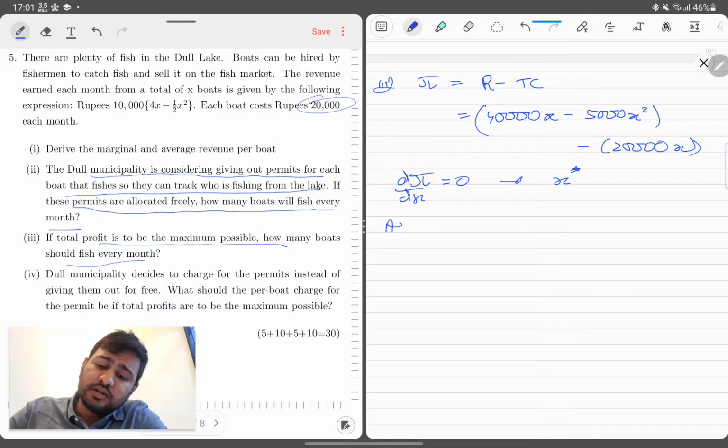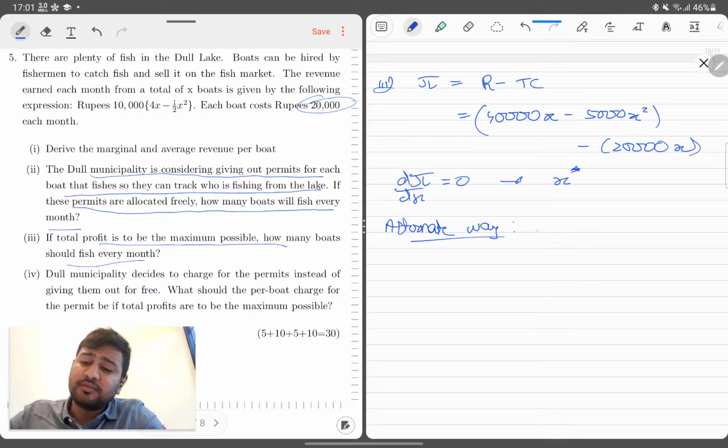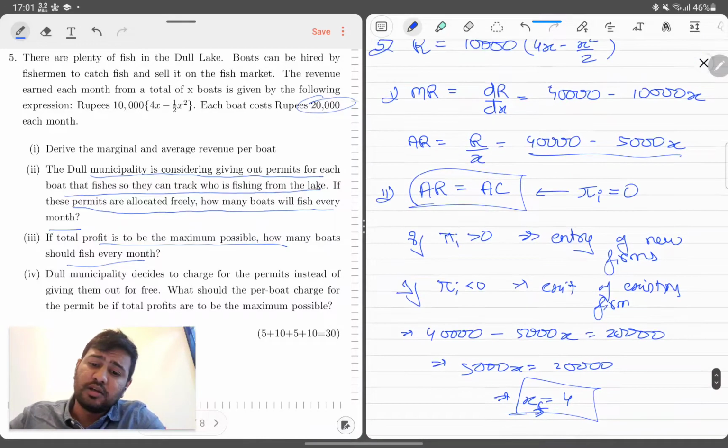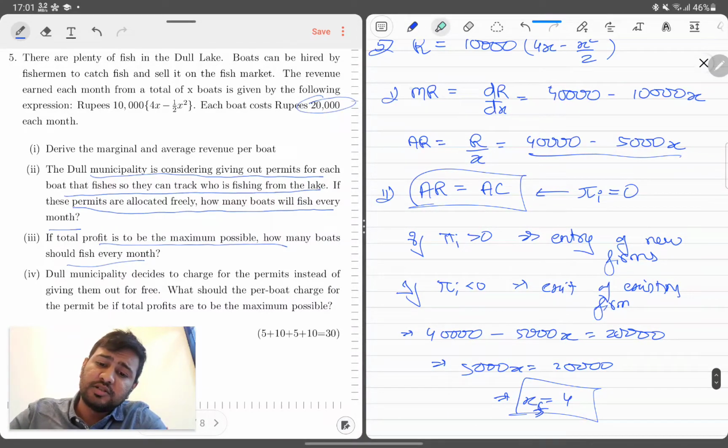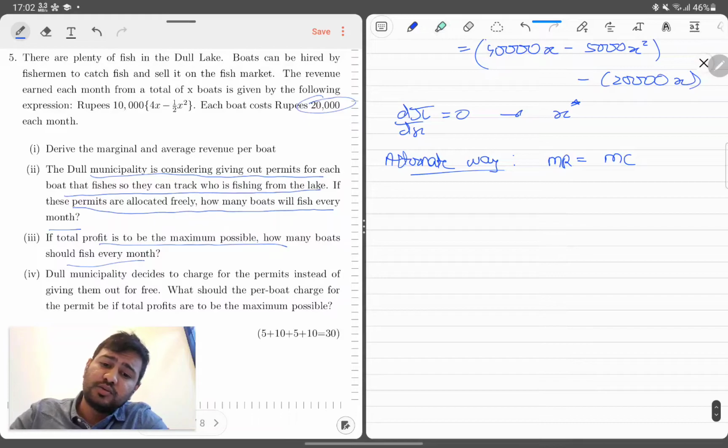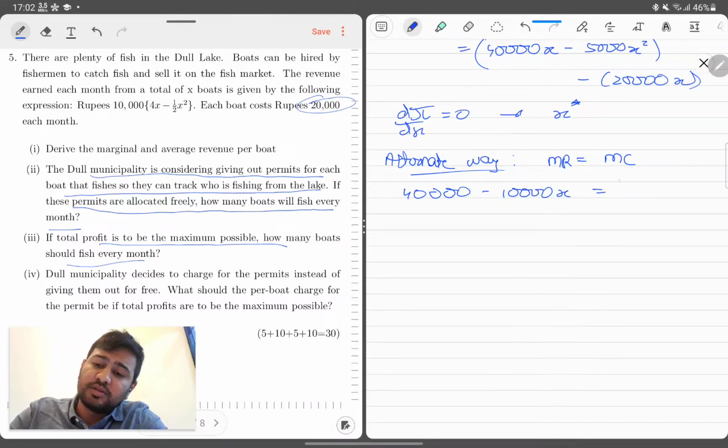Another way to do it is, we know the profit maximizing condition is marginal revenue equals marginal cost. I already have the marginal revenue function from here. Marginal revenue function is 40,000 minus 10,000x, so I can directly use this. So 40,000 minus 10,000x must be equal to marginal cost, which is 20,000.